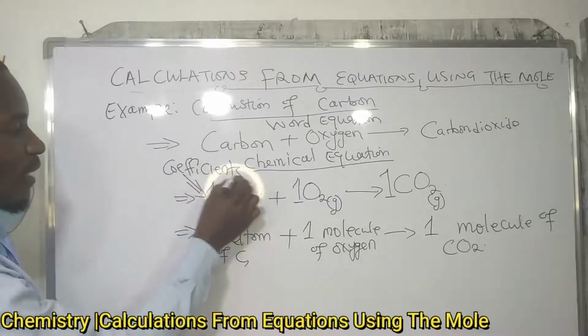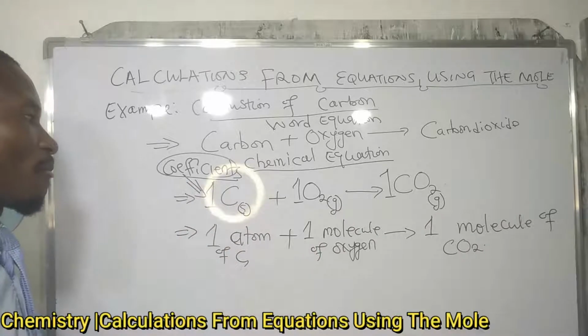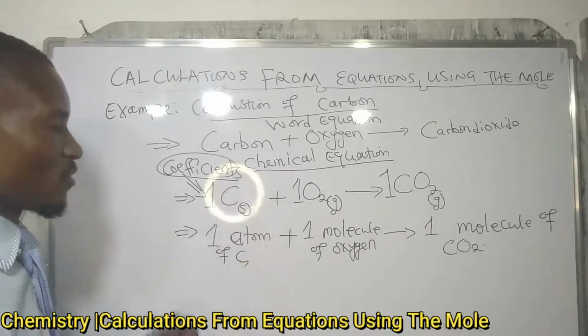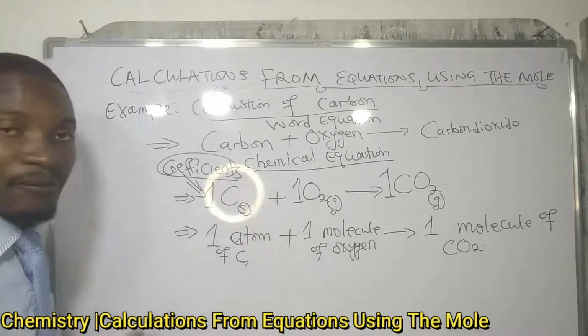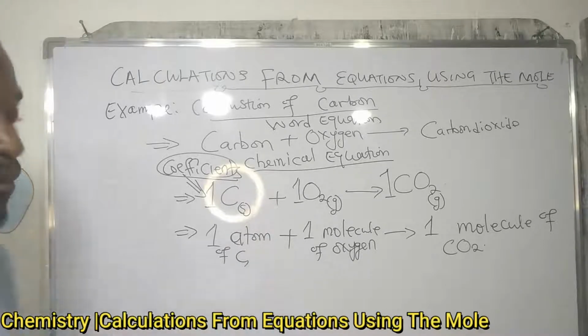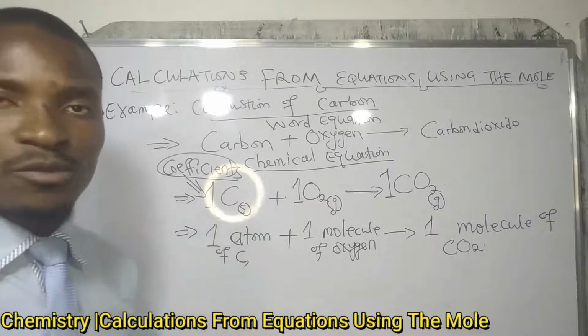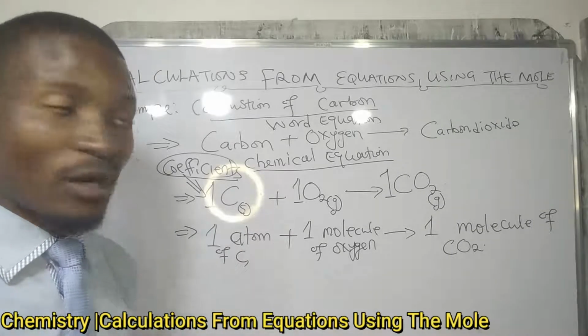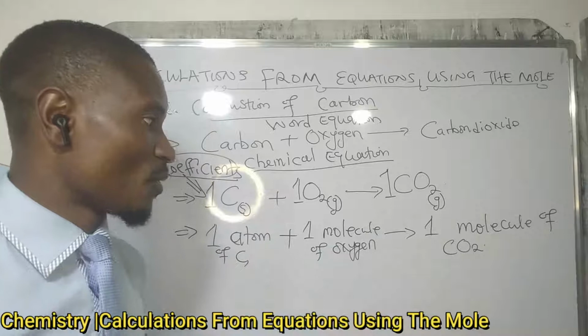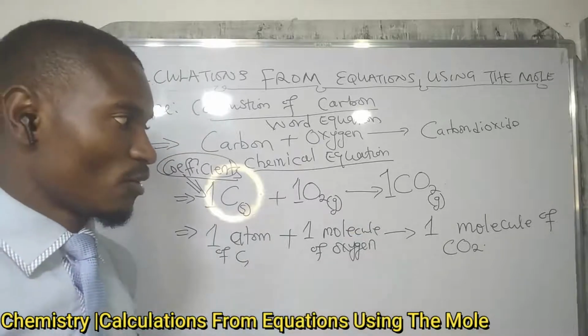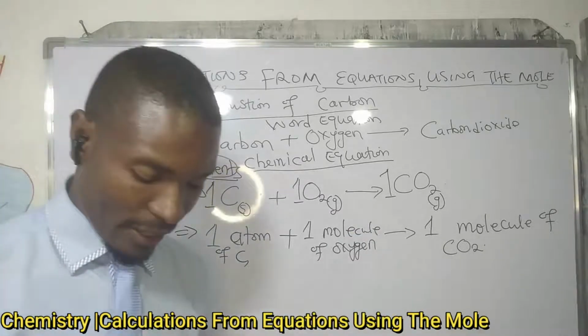We can use them to describe what is happening in a chemical reaction. So for the combustion of carbon, we are saying one atom of carbon reacts with one molecule of oxygen to give one molecule of carbon dioxide.